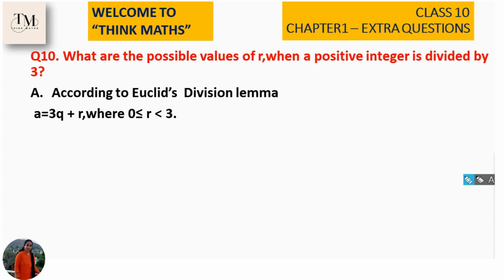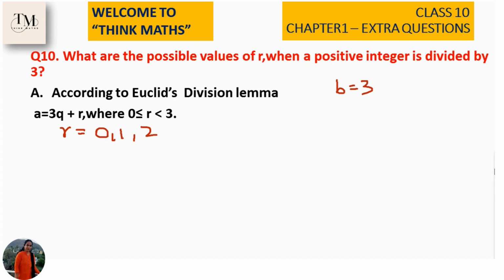Here b is equal to 3. So r takes the values 0, 1, 2.